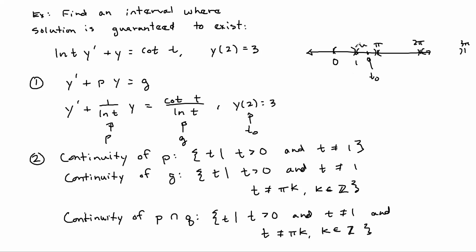And so that's our interval. t such that 1 is less than t is less than pi is going to be our interval where we're guaranteed to be able to do our integration and not have any problems come up. Okay, so that's the first theorem, existence and uniqueness of linear first order equations.